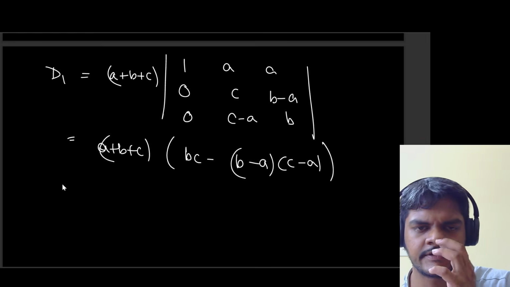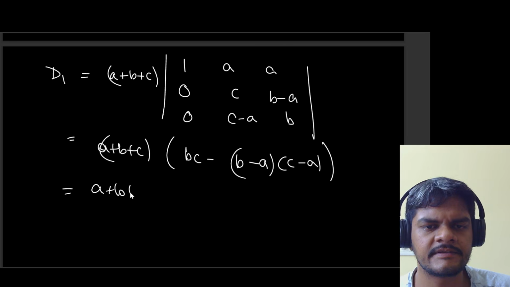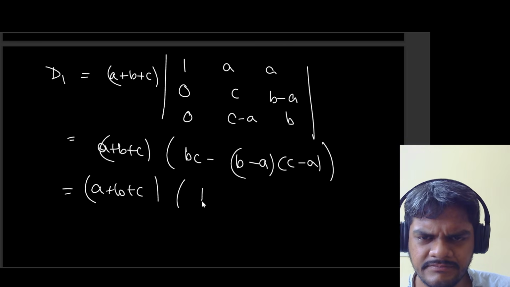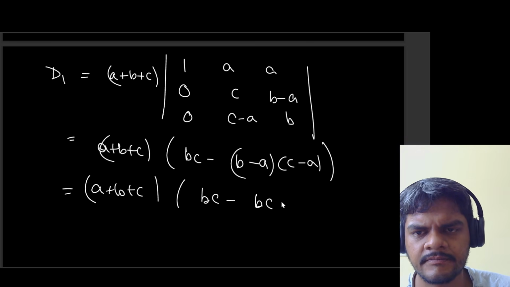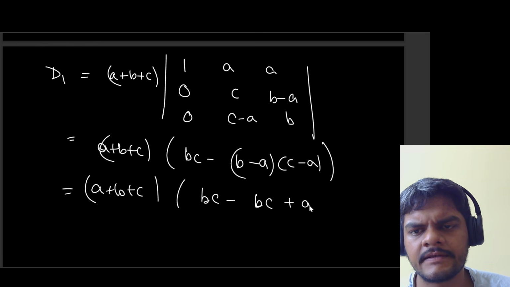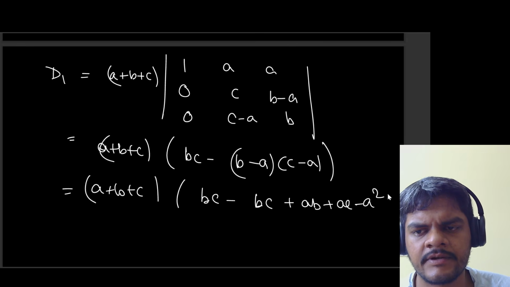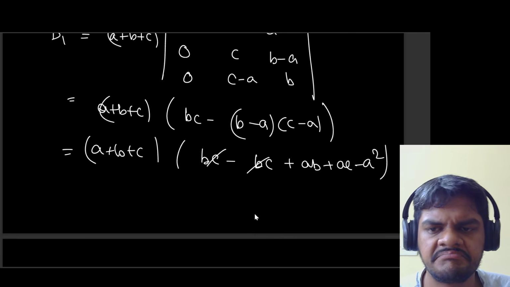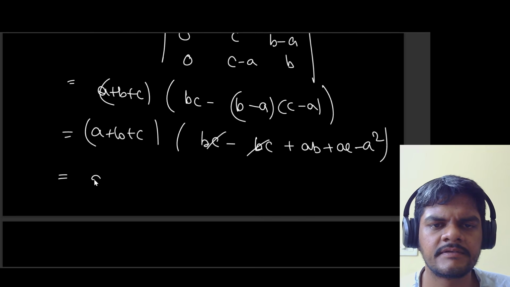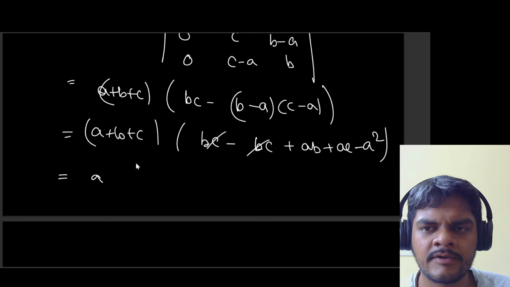So this is the first one. So I'll write it as A plus B plus C into BC minus BC plus AB plus AC minus A square. So yeah, done. A can be taken common.